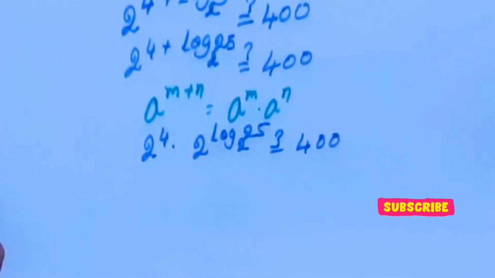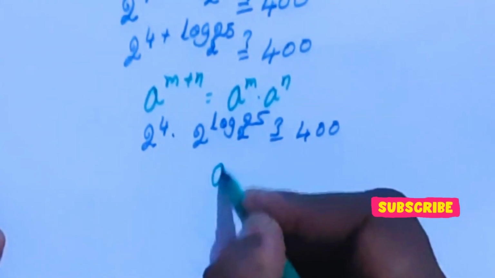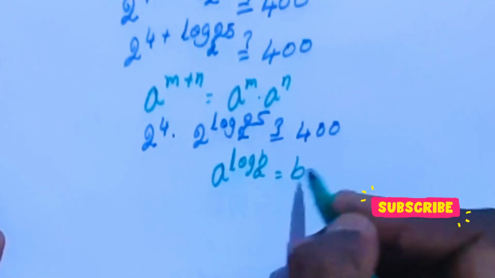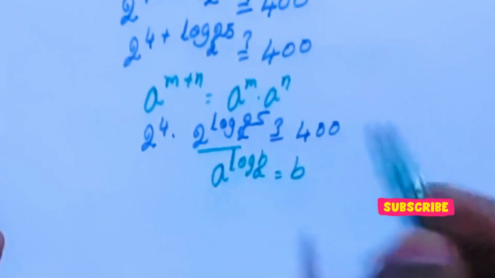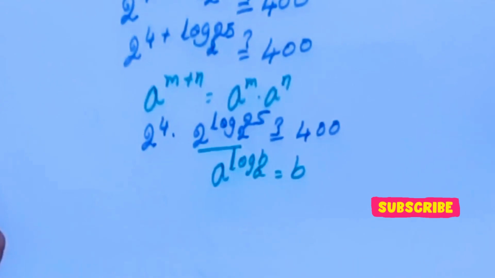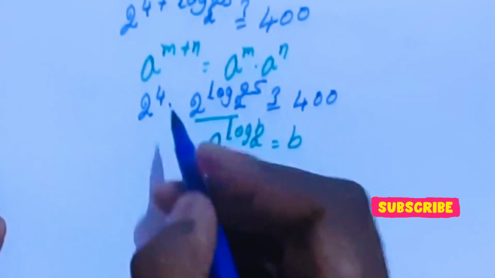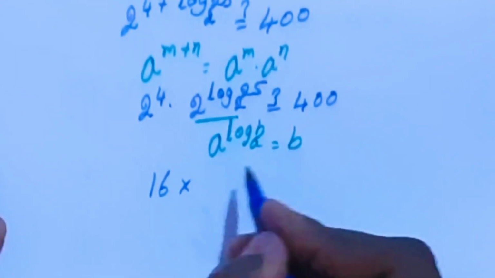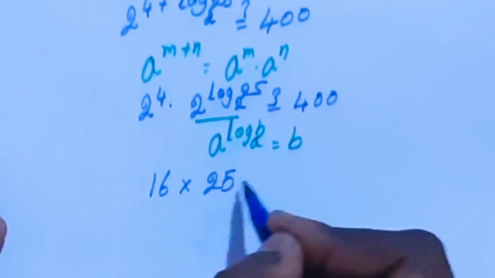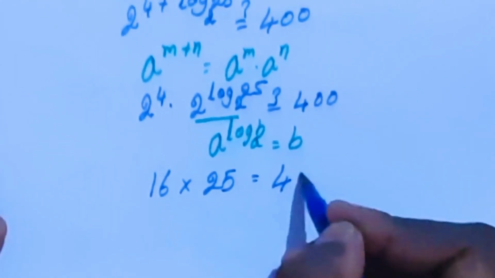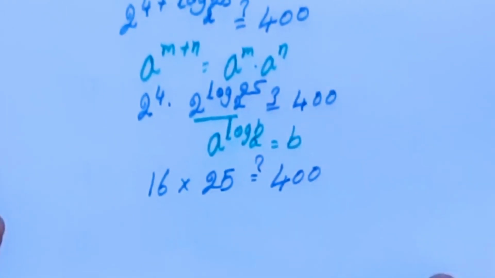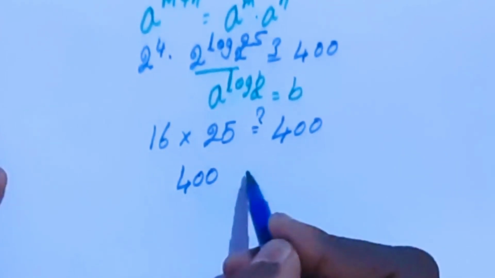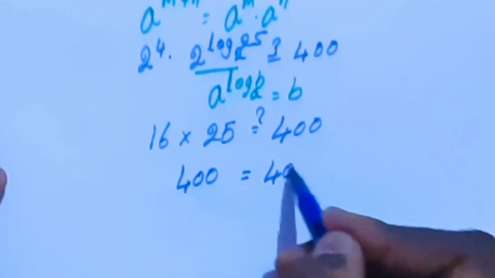Now we know that a power log b base a equal to b. So this we are going to implement here. So 2 power 4 is 16 times, here as per this formula, 25 equal to 400. So 16 times of 25 is 400 equal to 400.